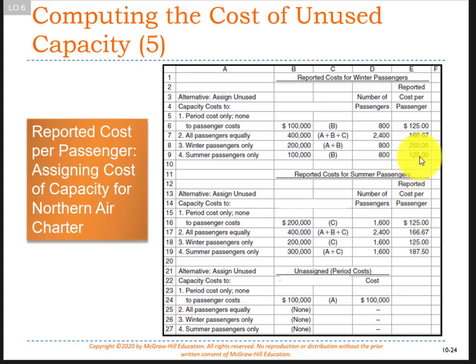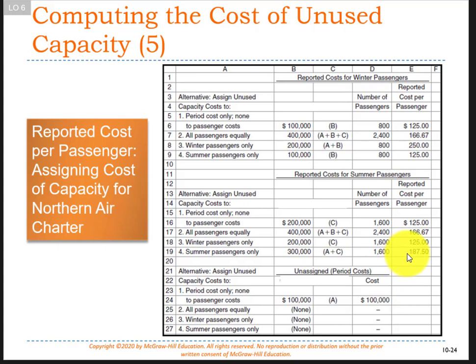per person. And it's going to give us that idea that we should probably, during the winter time, when we want to create more demand, charge a lower price, because our cost literally is lower per passenger. All right, we don't want to increase demand in the summertime.